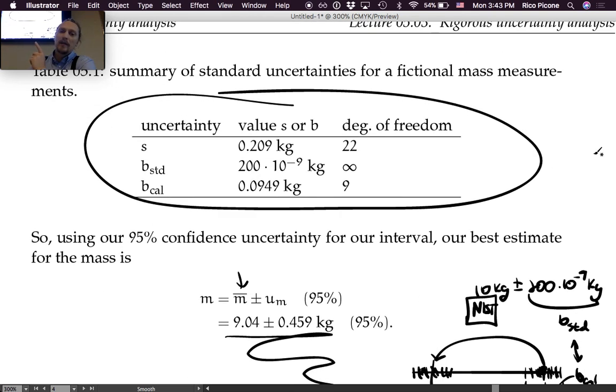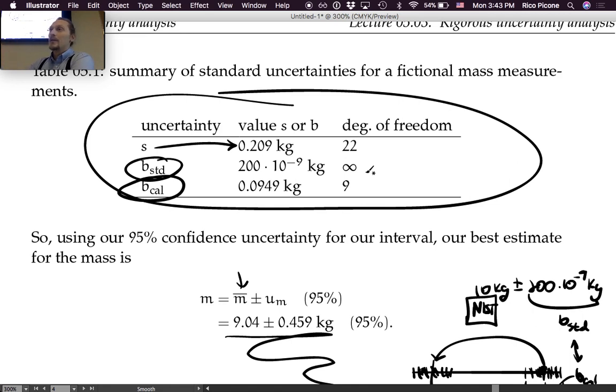So in our table right here, we had B standard, the NIST one, and then the one we got when we calibrated our scale. So those two. And then we measured another weight, like a totally different weight, okay? And it had its own spread. So we measured another weight, and it had a standard uncertainty of 0.209 kilograms.